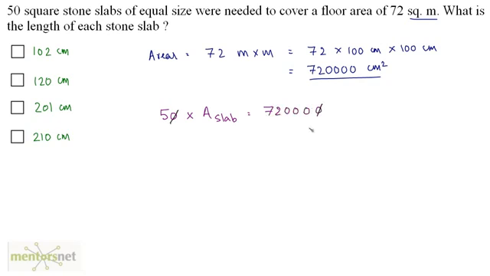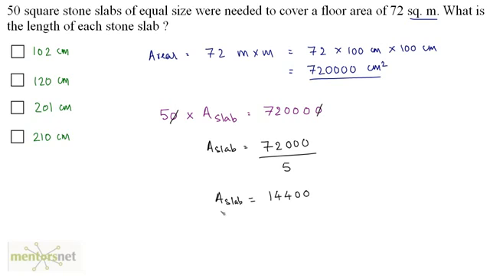So we cancel out the zeros. So area of one slab will be equal to 72000 by 5, and that will be equal to 14400, right? So this is the area of a slab.